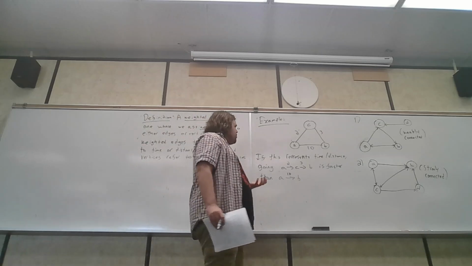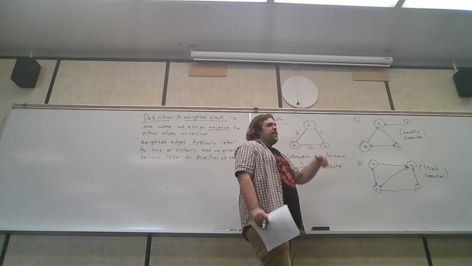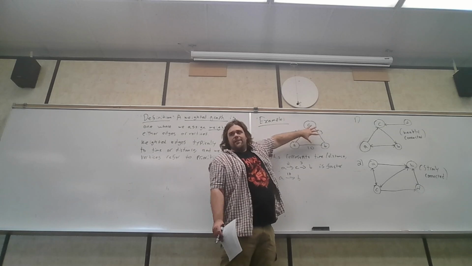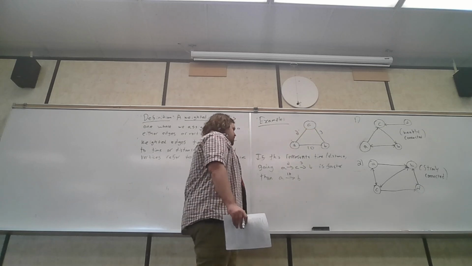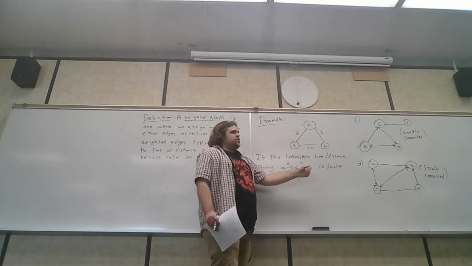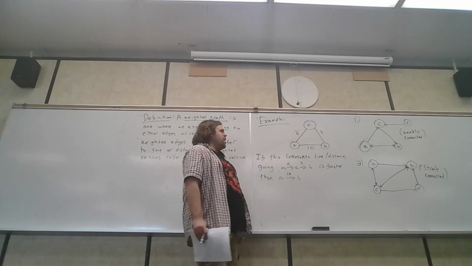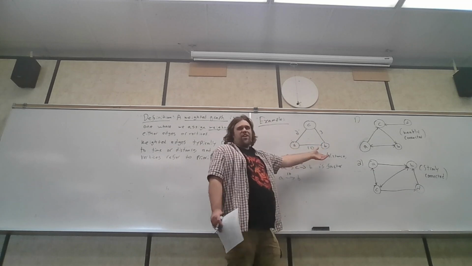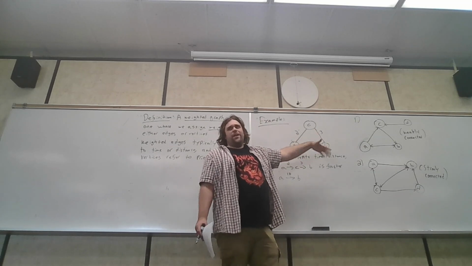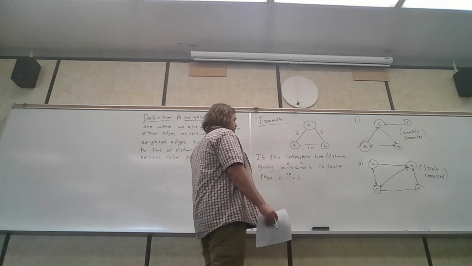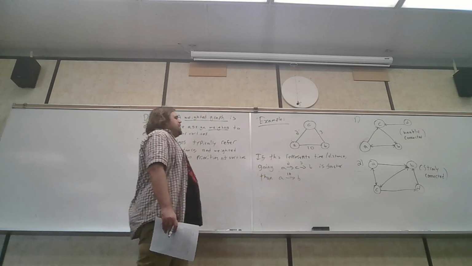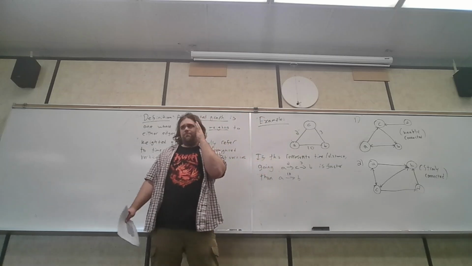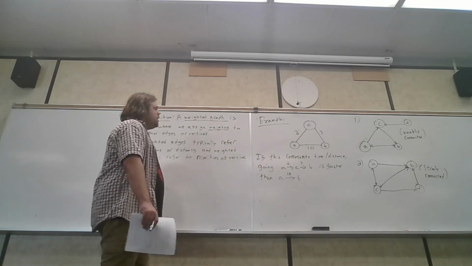You might still ask yourself, what's the fastest way to get from A to B? But now you don't have this picture. You just have the weights and knowing that they're connected. So in that case, you would say, okay, going this way is faster. If you were to draw it to scale, this is hard to draw to scale because it's a triangle. It's going to get really squished in really weird ways. I think this might even be an impossible triangle technically with those lengths because of the Pythagorean theorem.